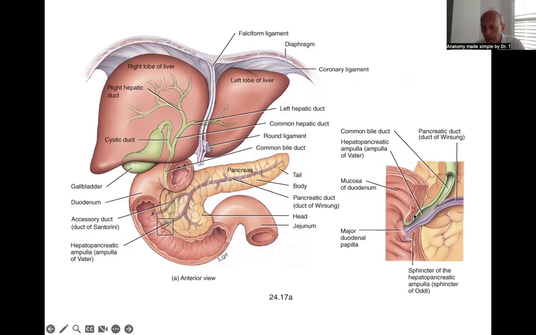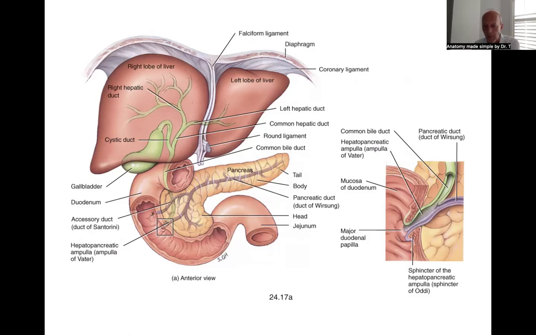As a result, we have a circularly running muscle around the major duodenal papilla. That muscle is called the sphincter of the hepatopancreatic ampulla, or more typically, the sphincter of Oddi. Closing of the hepatopancreatic ampulla prevents uncontrolled leak of bile or pancreatic juices into the duodenum when the time is not optimal.